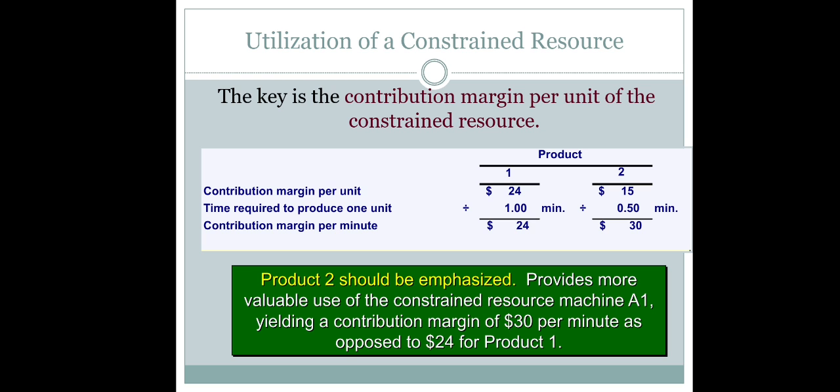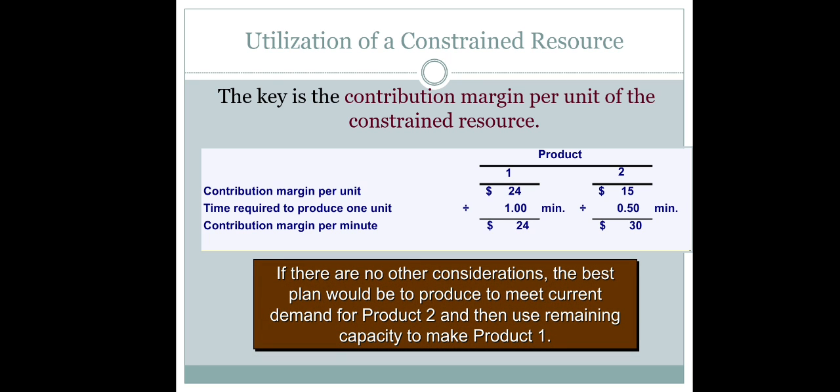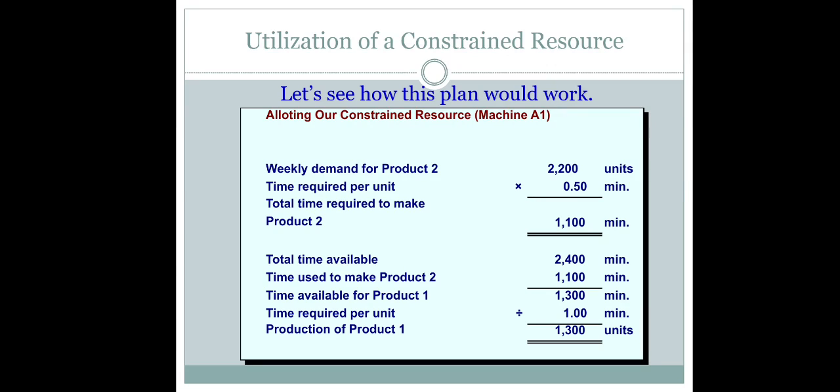After you do this analysis, now you know which product has to be emphasized or prioritized. If there are no other considerations, the best plan will be to produce to meet current demand for product 2 and then use remaining capacity to make product 1. So this is the next step in this decision making analysis.